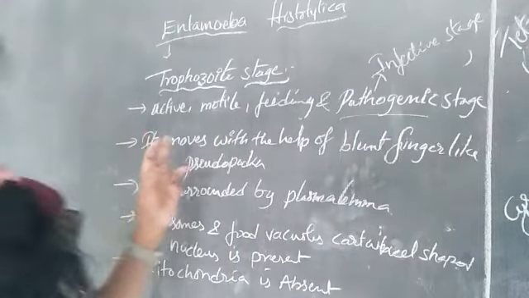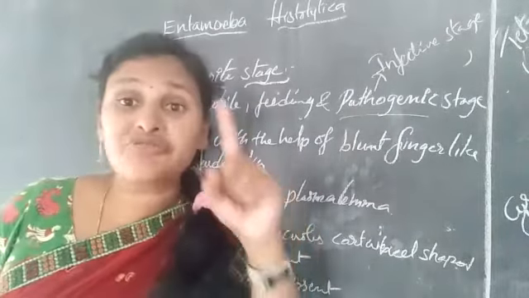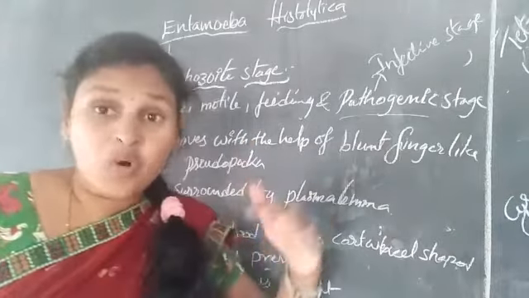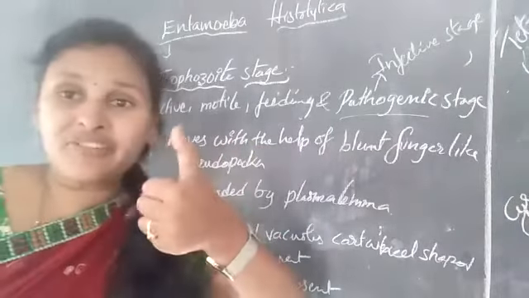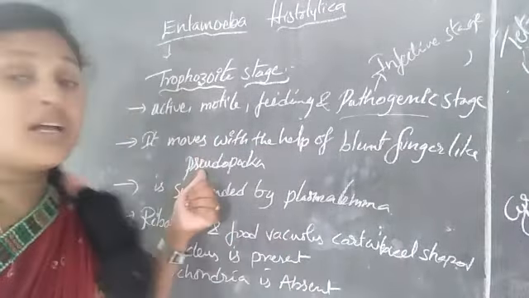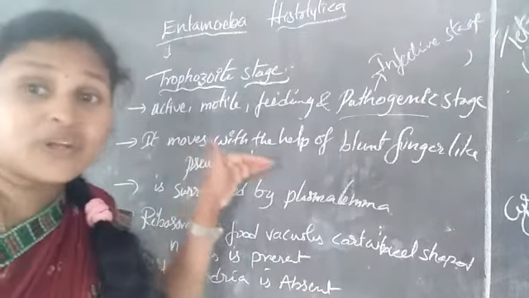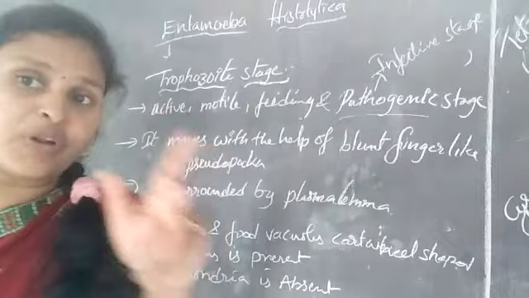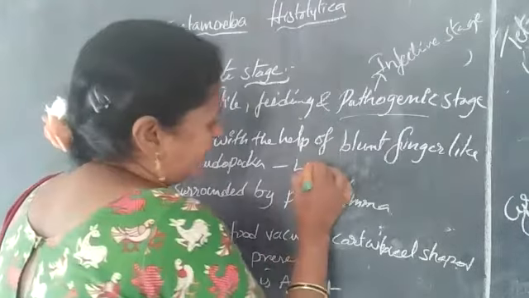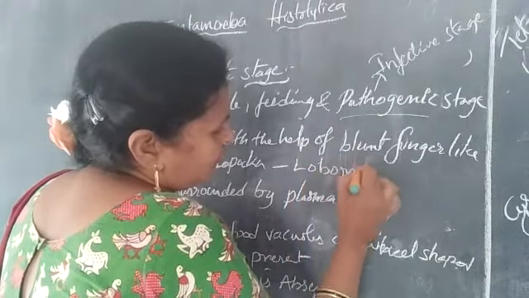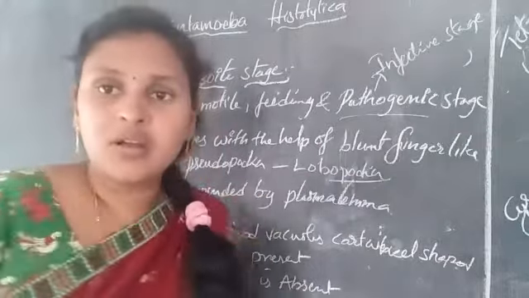It moves with the help of blunt finger-like structures, that is the pseudopodia, also called lobopodia.